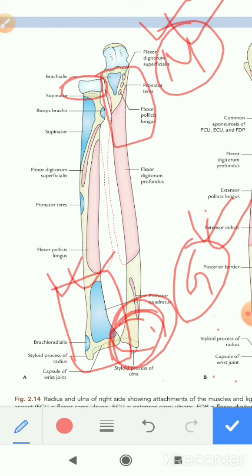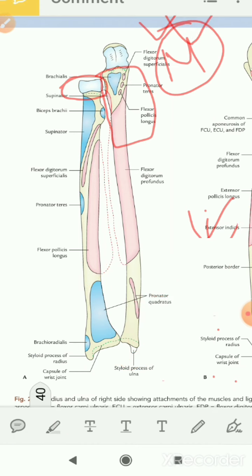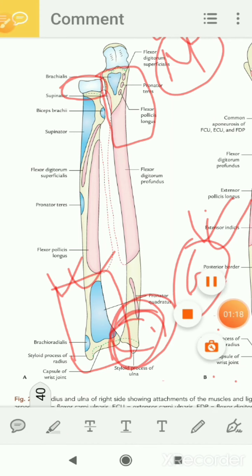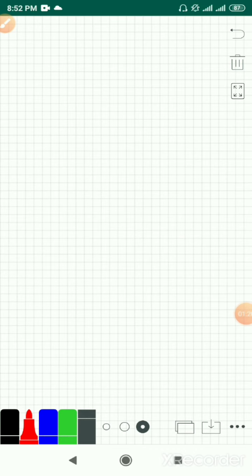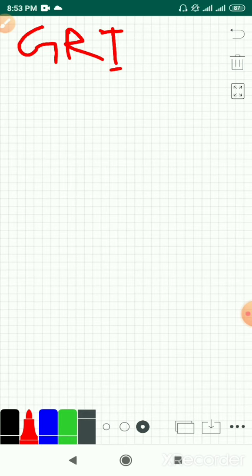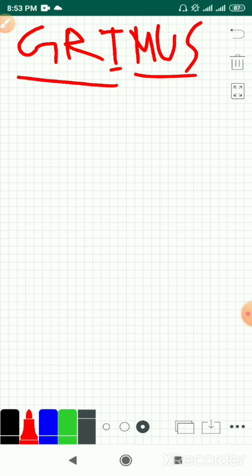So how to remember this? There is a mnemonic to remember this clinical anatomy, that is GRIMUS.